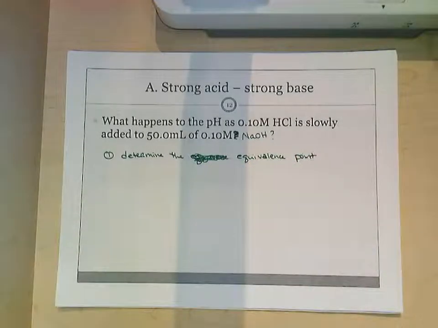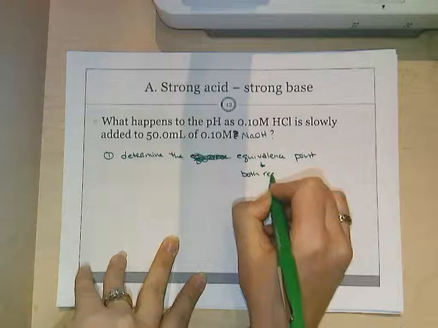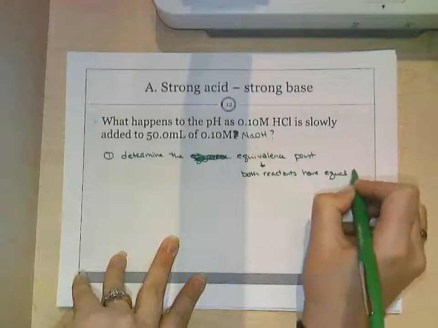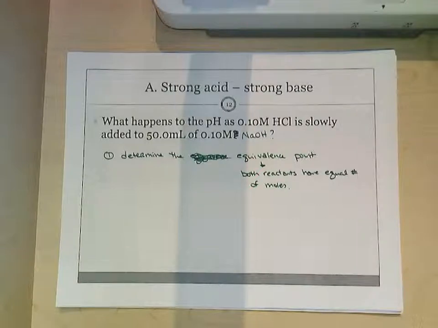The equivalence point is where moles of reactant for each of the reactants are equal. So there is no limiting reagent, right? They're equally limiting. They're the exact same number of moles. So the equivalence point is where both reactants have an equal number of moles. So which component do I figure out first? Which one do I have the most information about?